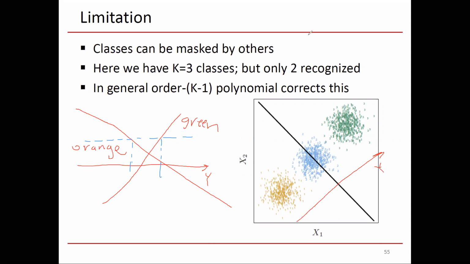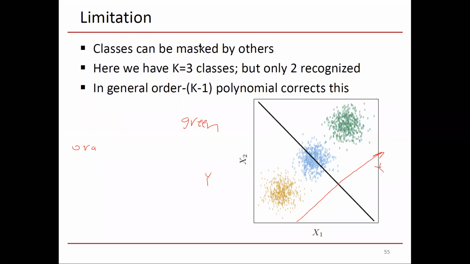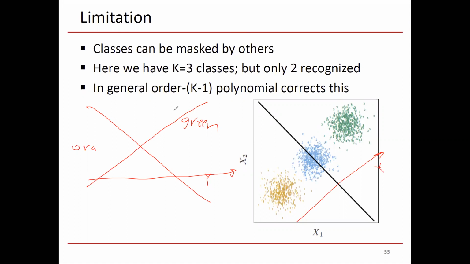However, it's also possible, and I'll try to illustrate this, that the orange function and the green function are larger than the blue function. So the blue function is never largest.